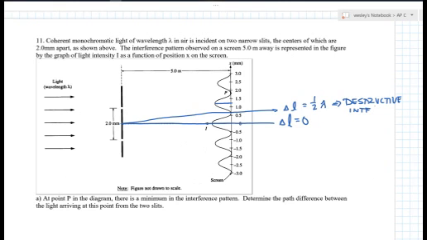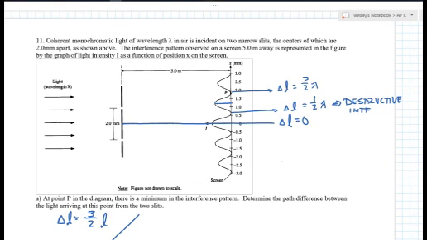Destructive interference happens when we are at the same place and we are out of phase. So that's the first one. The next time we get here, my path length difference should be 3/2 of a wavelength. So at that point we are 3/2 lambda off. That's one way we could do it.